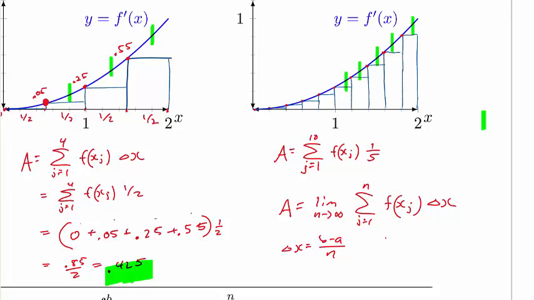And so, if we take delta x and we take the limit as n goes to infinity, what's going to happen? Well, that's going to be the limit as n goes to infinity of b minus a divided by n, right? So b minus a, that's a finite sum, and basically this becomes some number divided by infinity.